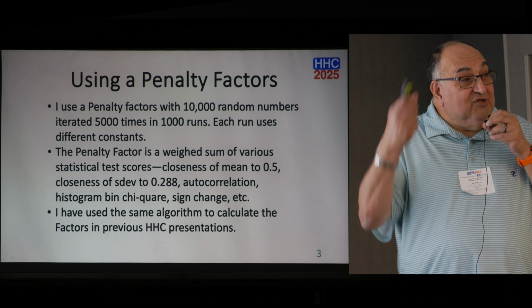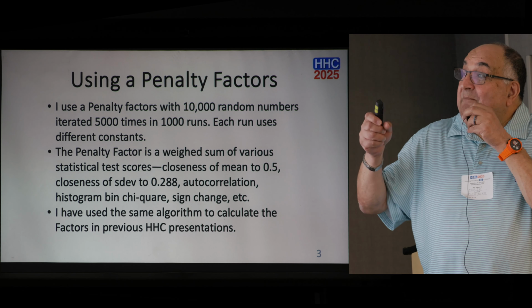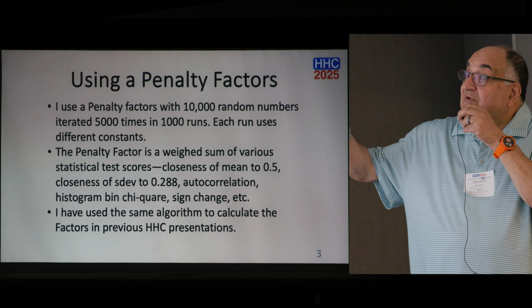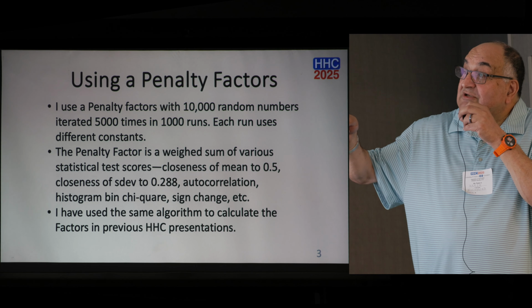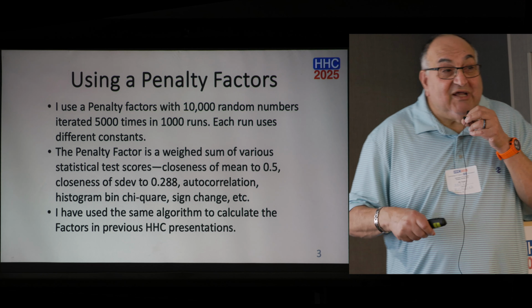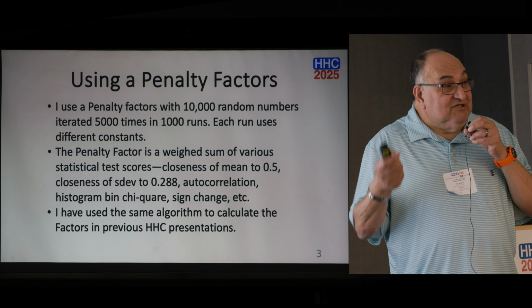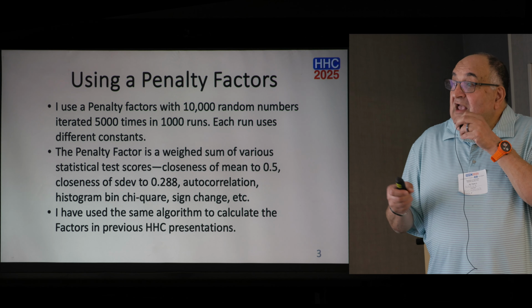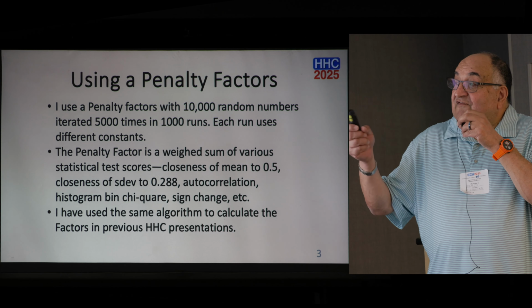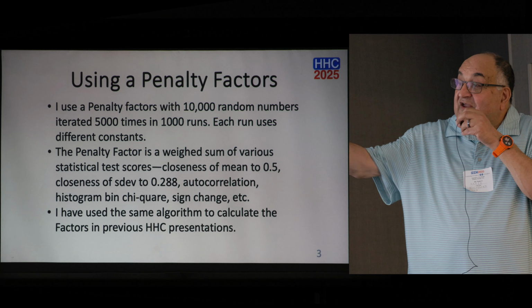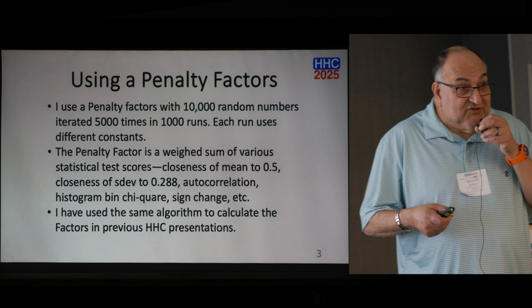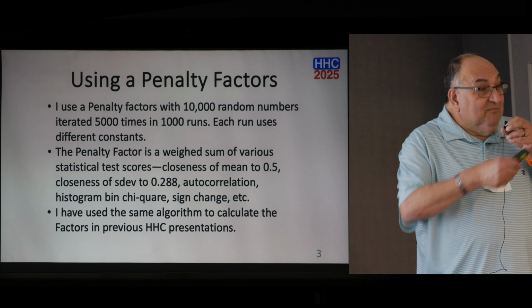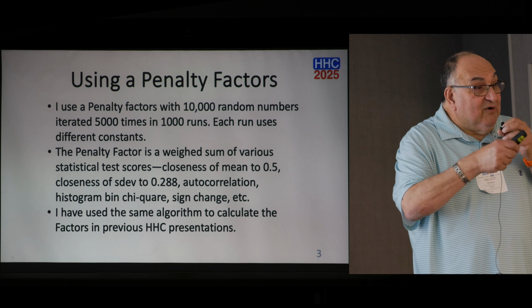To measure the goodness of that, I use a penalty factor based on generating 10,000 random numbers, iterated 5,000 times, in 1,000 runs, and each run I use different constants. And the penalty factor, which I've used in previous work, is a weighted sum of various statistical scores, like how close is it, because it's uniform, how close is the mean to half?